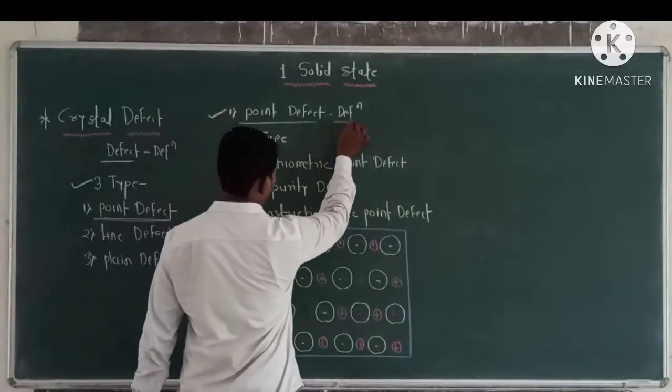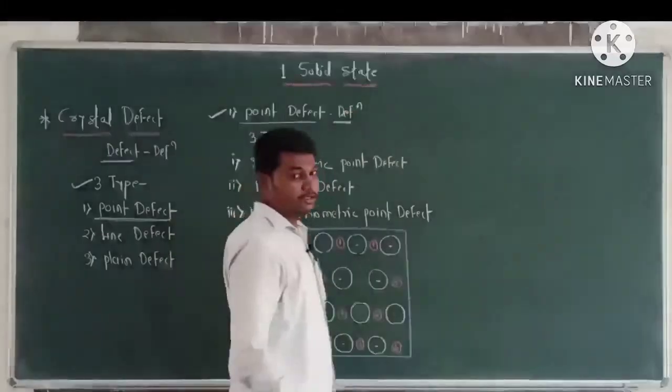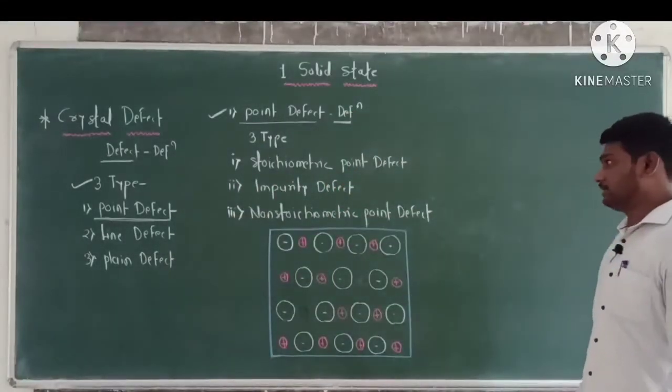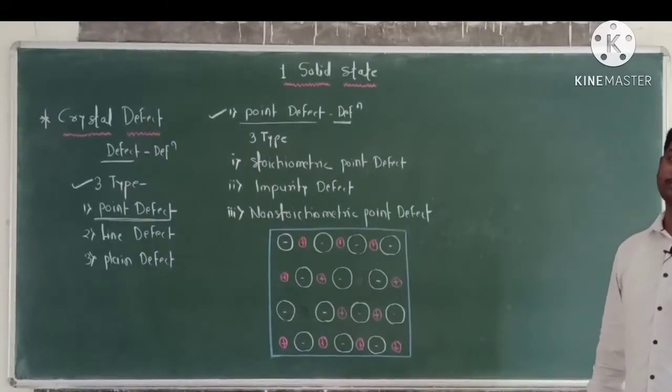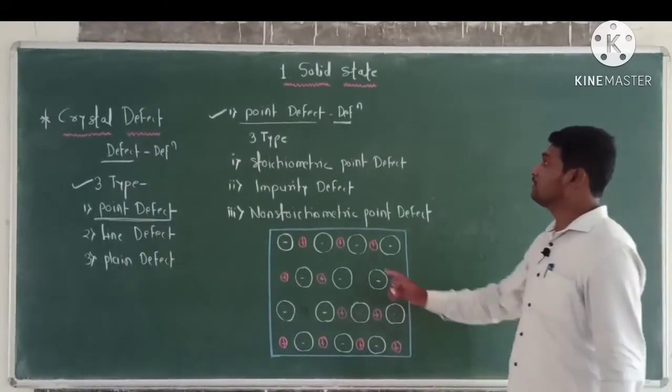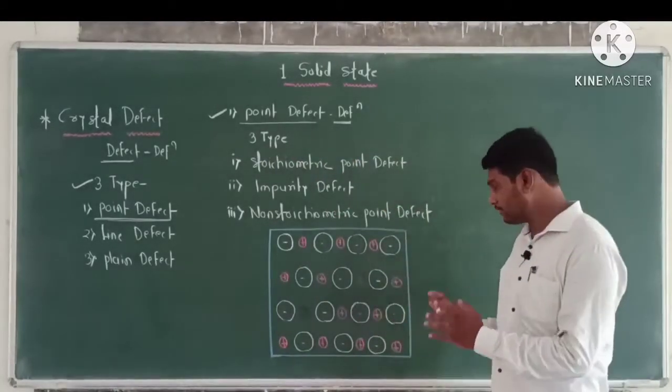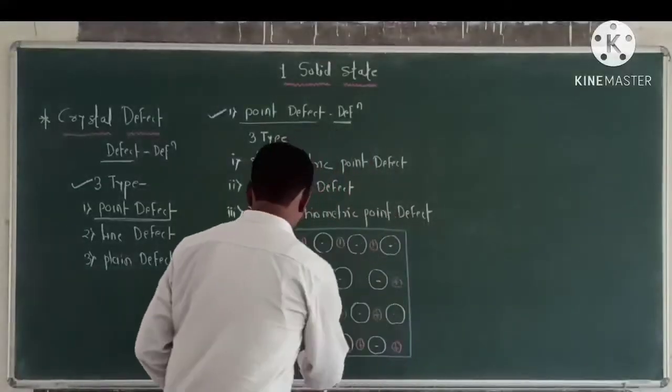First, the definition. The irregular arrangement of constituent particles at a lattice point of a crystalline solid is called point defect. Now this is the crystalline solid, and in this crystalline solid this is the lattice point.